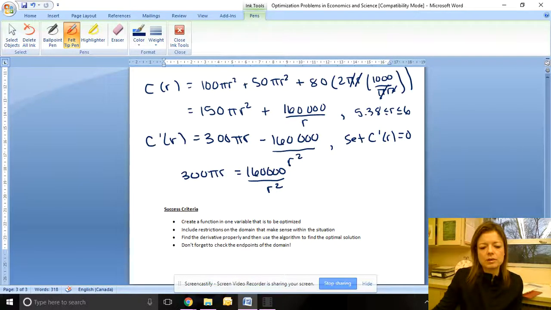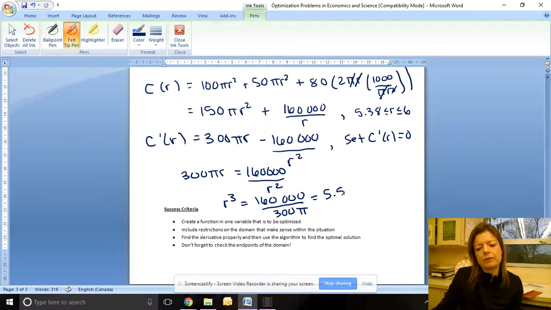Okay, so now you need to cross multiply to get this r squared up here. So you end up with r cubed equals 160,000 divided by 300 pi, okay, which is approximately 5.54 meters. Phew, it's within our restrictions. That's good news.